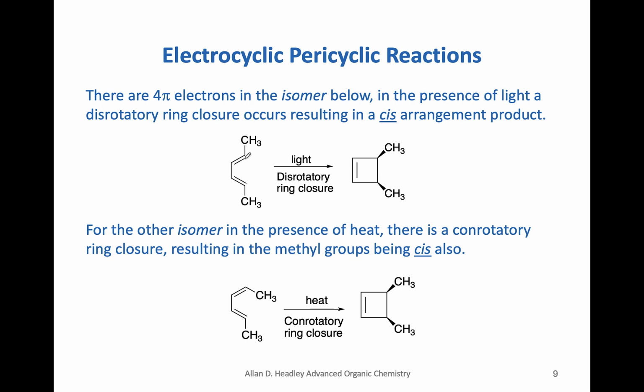So as a summary here, if we have this reactant, notice the stereochemistry again. This is the E. In the presence of light, based on the symmetry requirement for ring closure, this will be a disrotatory ring closure, which will make these two groups on the same side.